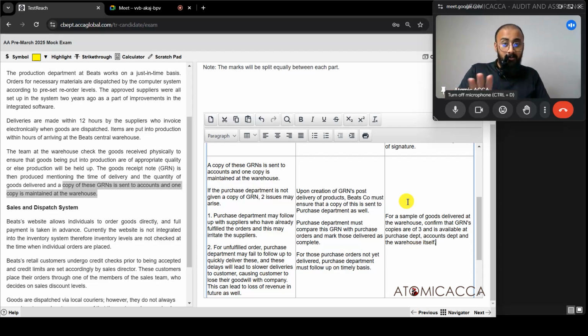So I got a confirmation that it's there at three places. Next thing, I need to see whether they're marking fulfilled orders as complete, and for those that are not complete, are they following up on it?